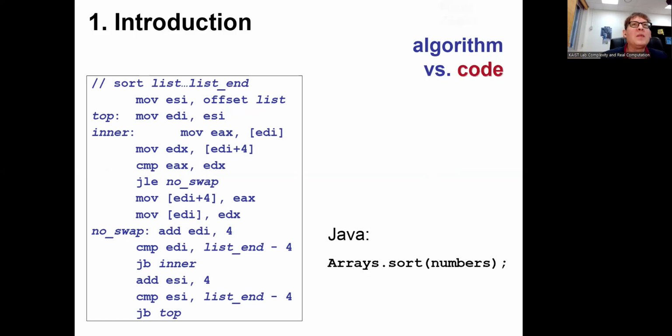On the other end, here's a too high level of abstraction. Here we simply call the sorting method of the data type arrays without knowing how that method is actually implemented, how it works, and also without knowing how fast it is, for example, and how much memory it uses. It looks like it's only one instruction, right?